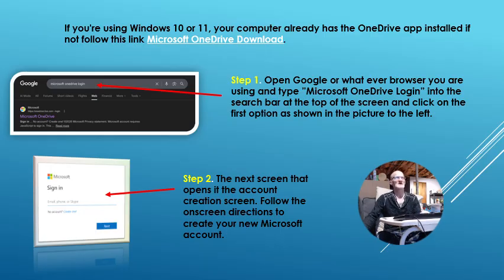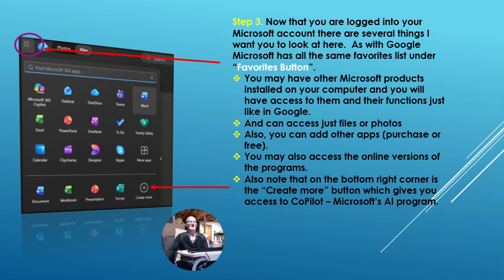You type that in, select the first option, and you're going to see this. There's a big screen that says Microsoft Sign In. You're going to click on Create One, which is creating an account. Follow the on-screen instructions. It will walk you through on how to create the account, and then you can move on to step 3.